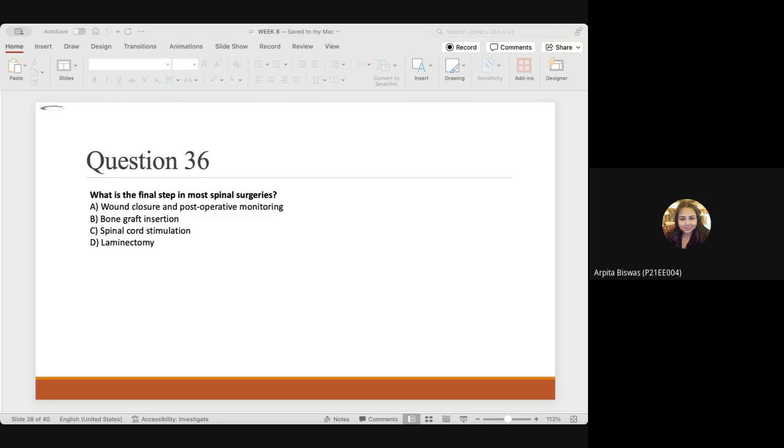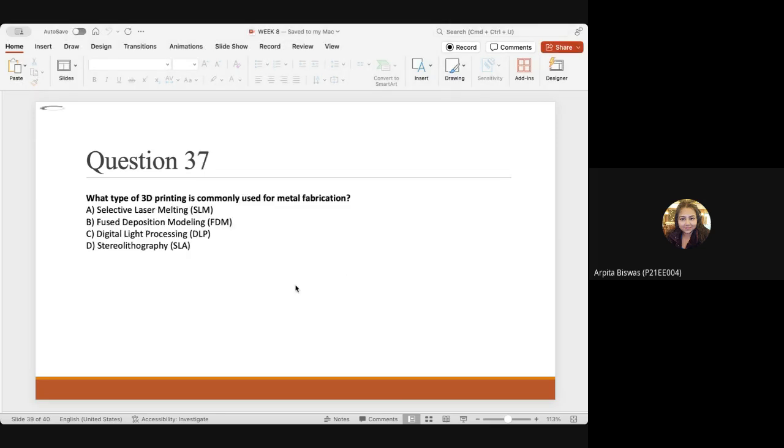So, next we move to question number 37. What type of 3D printing is commonly used for metal fabrication? First is selective laser melting (SLM). Option B is fused deposition modeling. Option C is digital light processing. And option D is stereolithography. So, what is the right option here? Take your time, but at least try.